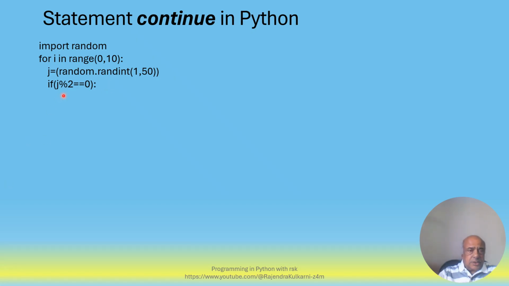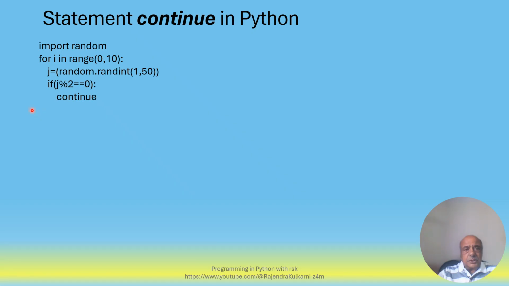Now we check if j mod 2 is equal to 0. When j mod 2 is equal to 0 is true, we want to use continue here. What this continue does is bring the loop back to for with the next iteration.